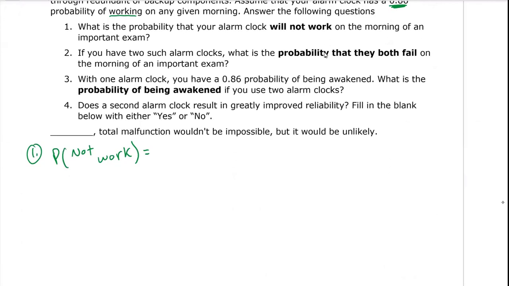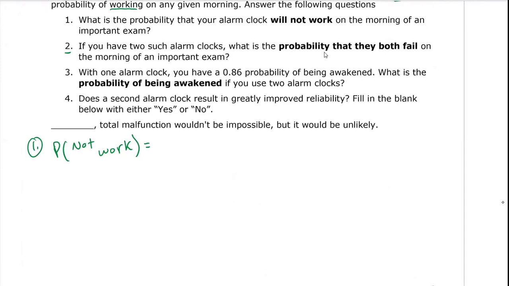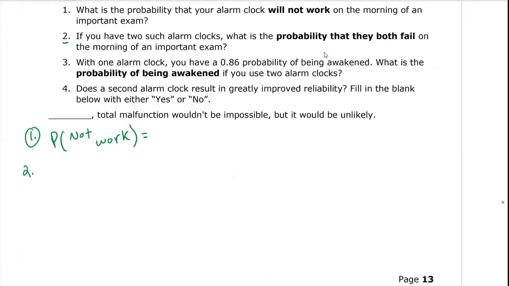Now, the second part right here says if you have 2 alarm clocks, what's the probability that they both don't work? So you've got probability that none work. That's your second part. Basically you're saying none of your 2 work.